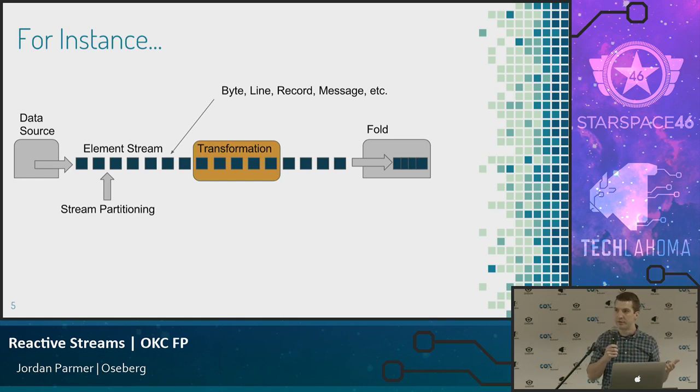You tell it how you're going to partition the data coming in, and that's very simple to do. You run that through a series of transformations, and then you fold those results into some kind of result set at the end. In functional programming, we're familiar with the trinity of filter, map, and fold. That's present here. That's exactly what we're doing.